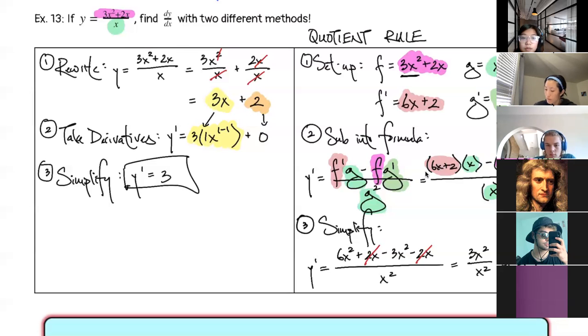I think the quotient rule is also great because it's the rule that works every single time I see something that's dividing. But what I'm really trying to work us towards is this ability to make a decision.